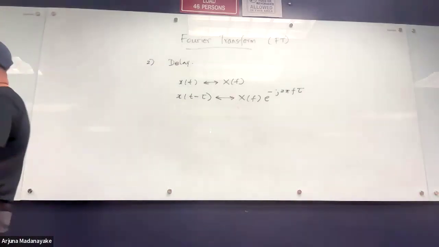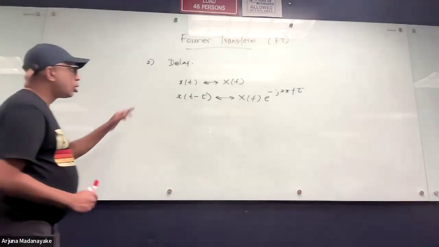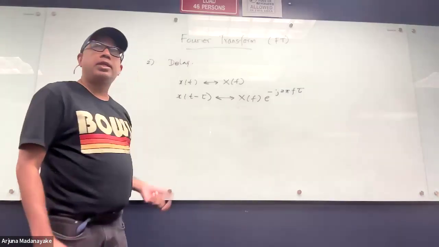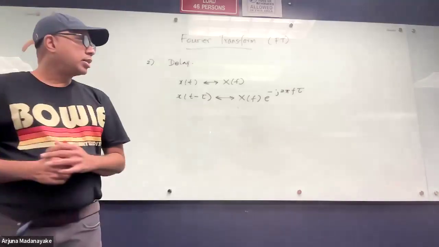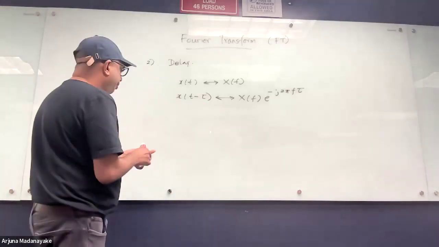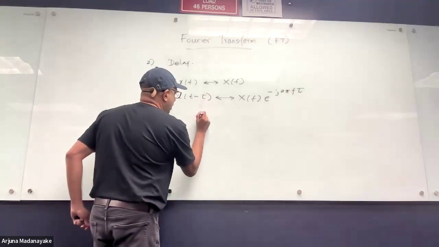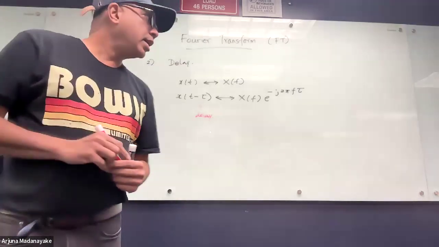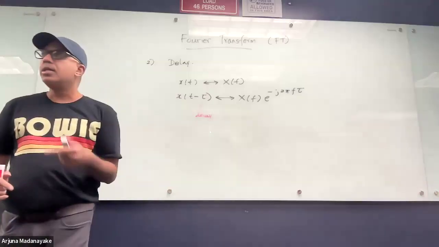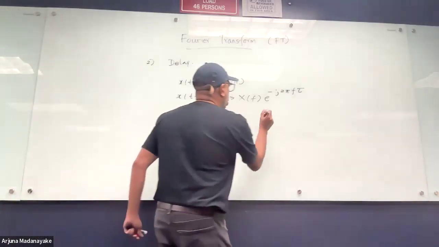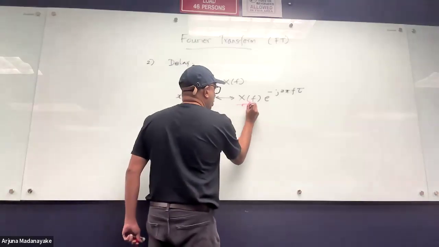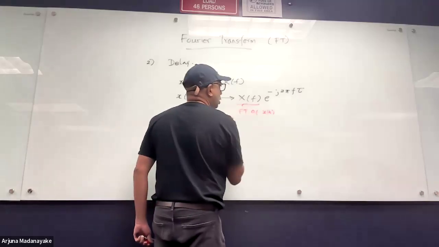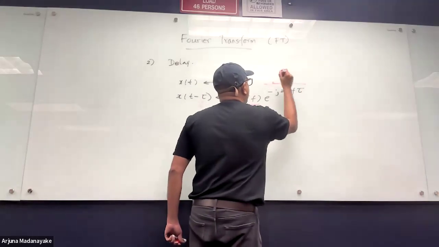So if you have a Fourier transform X of f of small x of t, I delay the time domain by some delay tau. The fact that we are delaying the signal in the time domain causes a phase rotation in the frequency domain. This is the original spectrum, the Fourier transform of x of t, and this part is a phase rotation.